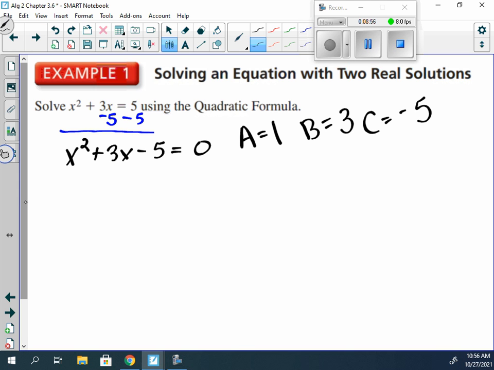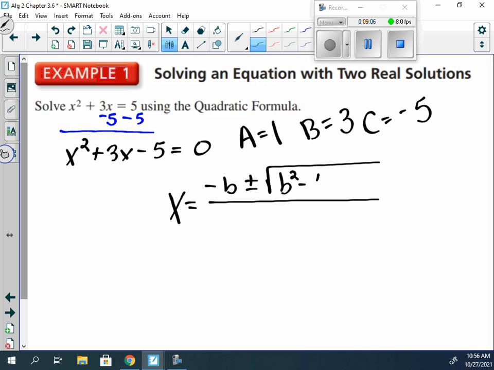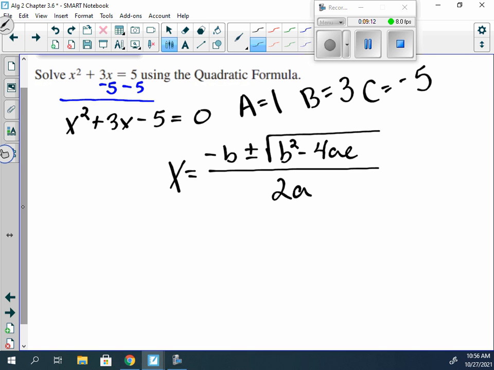Questions so far? Now the quadratic equation, or formula, is x is equal to negative b plus or minus the square root of b squared minus 4ac all over 2a. Negative. What's the value of b? 3.